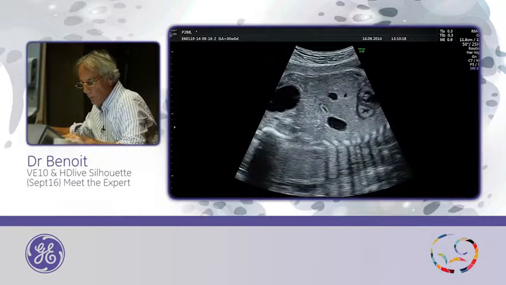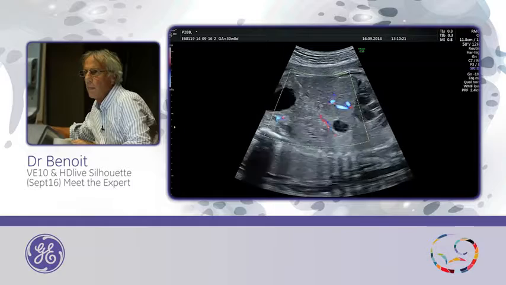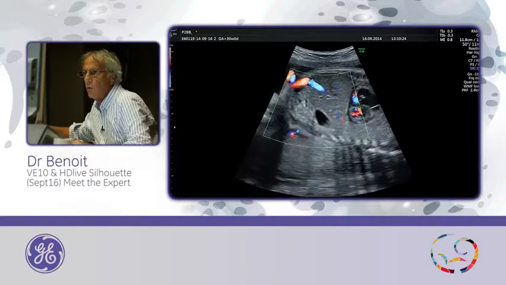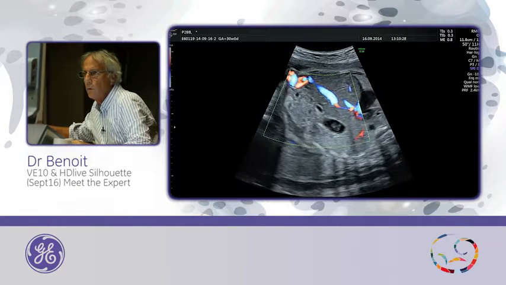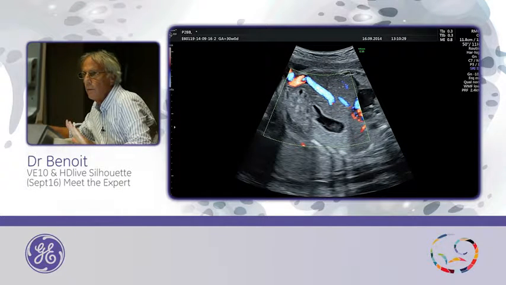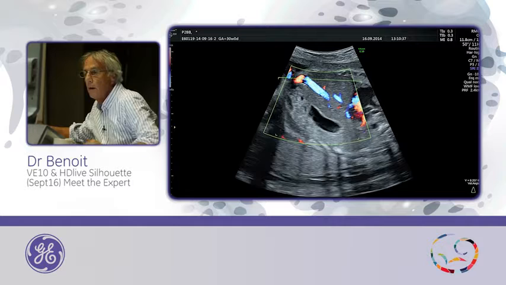I will do it from this position, and you will have a nice view of the umbilical vein with the ductus venosus. Don't move. I will start with 3D. Okay.